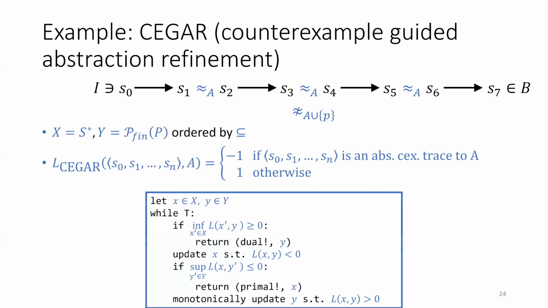And then you ask the Y player, can you make the Lagrangian 1? The way the Y player can do that is by adding predicates that would refine the abstraction. And in this case, we would monotonically update Y. We would just accumulate predicates. And then the X player takes another turn, and the Y player. So this is the CEGAR algorithm.